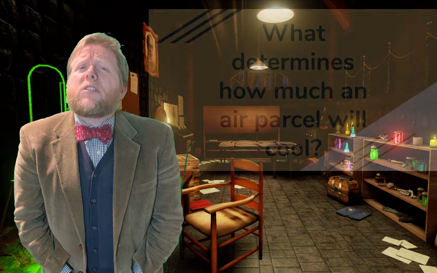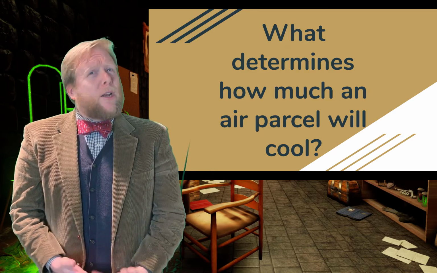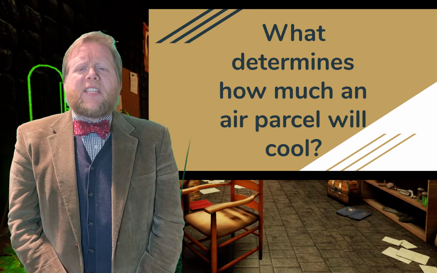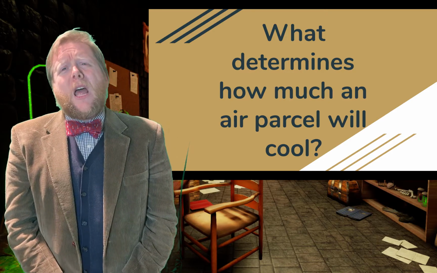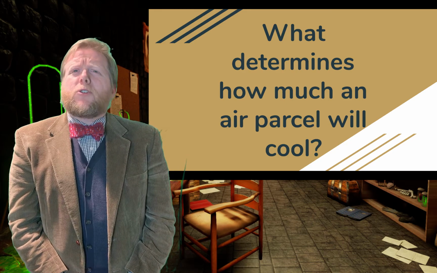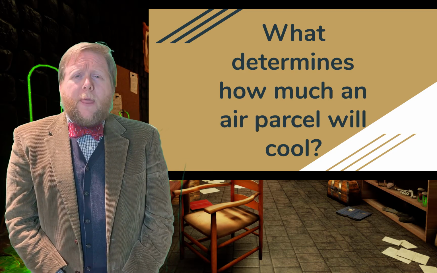So with key concept 5, key concept 6, we can answer the question, what determines how much an air parcel will cool? You see, we learned in oceans, atmosphere, and climate that the sun warms up the surface. Actually, the sunlight is absorbed by the surface, and that energy is transferred to the air from the surface, the land and the water.